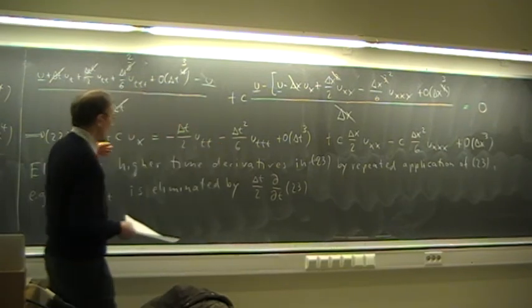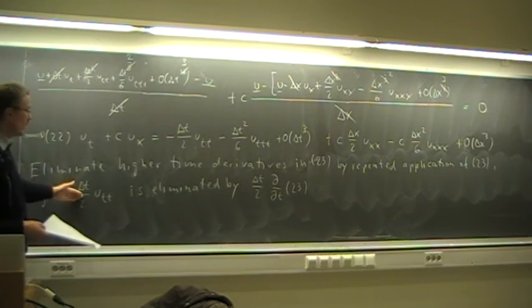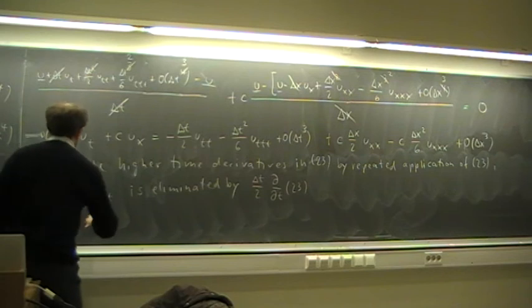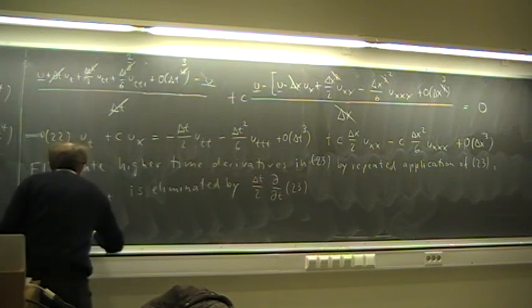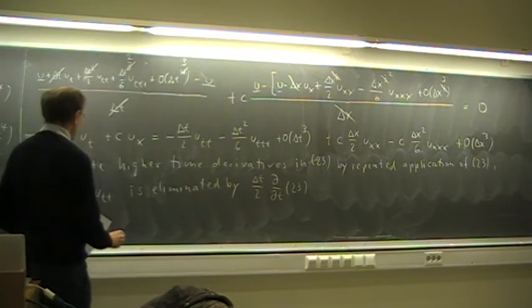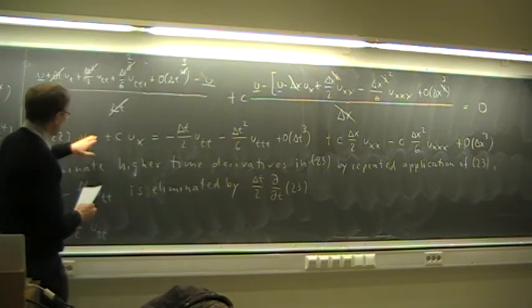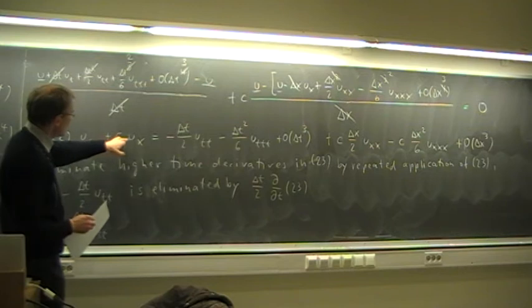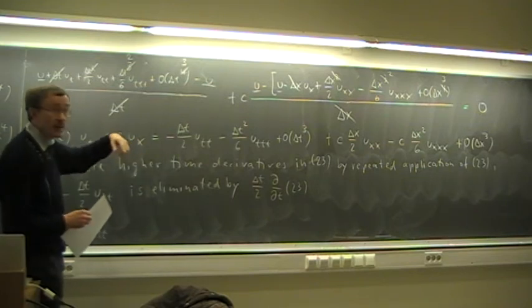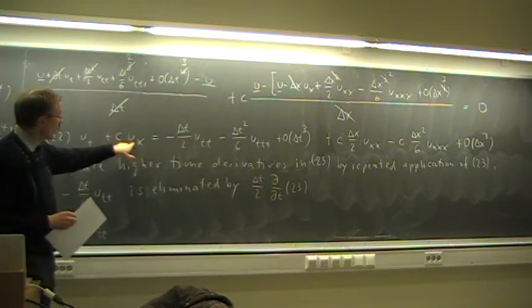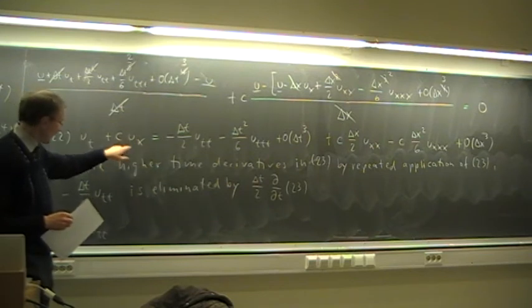So if we have it as a positive, then we have here the delta t half, the utt, and that we can then express, and it will be then the minus c uxt. So we'll get another time derivative of this, which we then have also to eliminate.